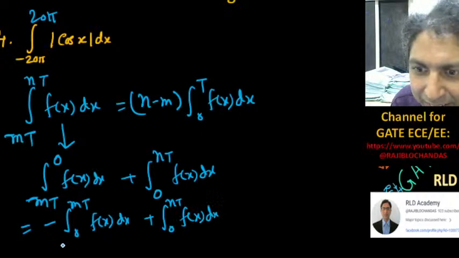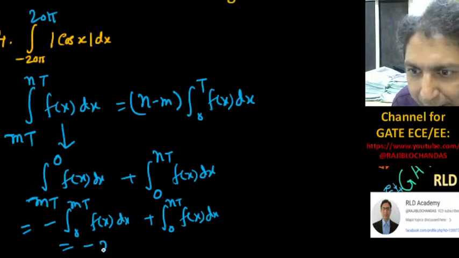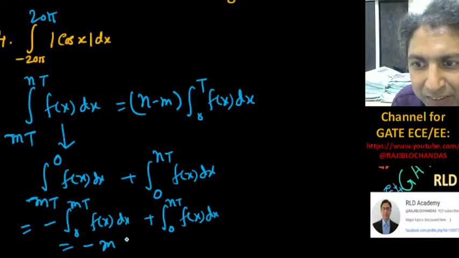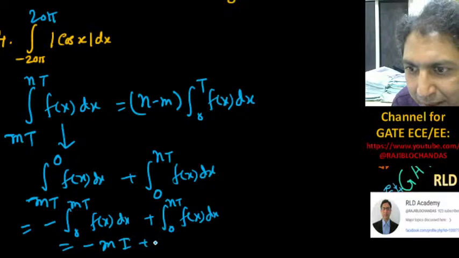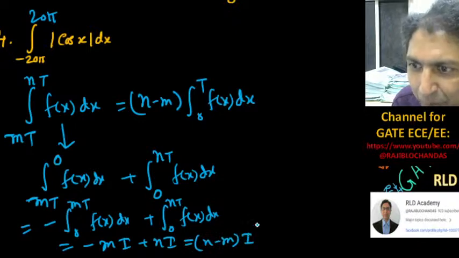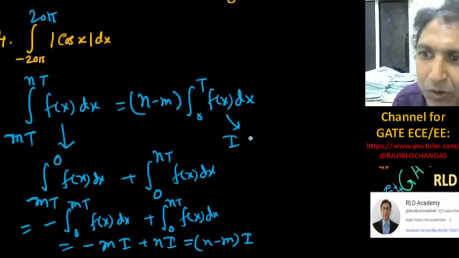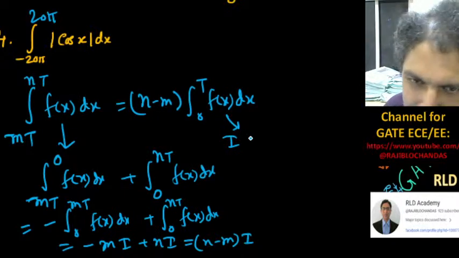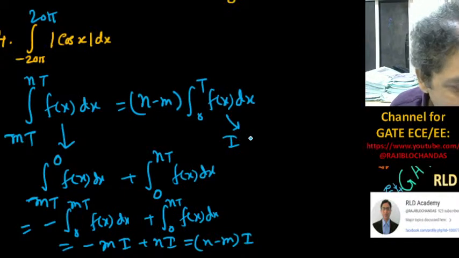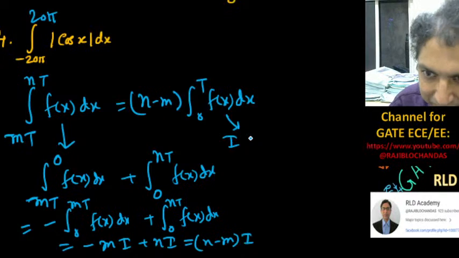Already I have said that this value will be m times this I, and this will be n times that I, so it will be (n minus m) times I, where I is simply the integral from 0 to capital T. I think it is very easy.